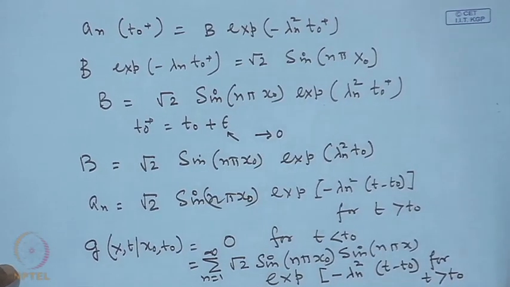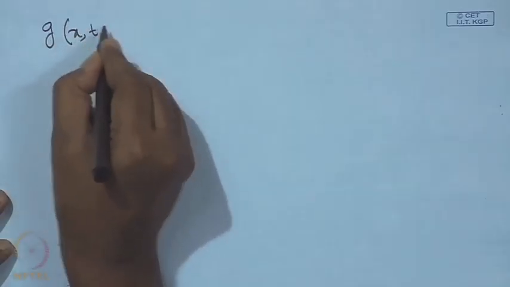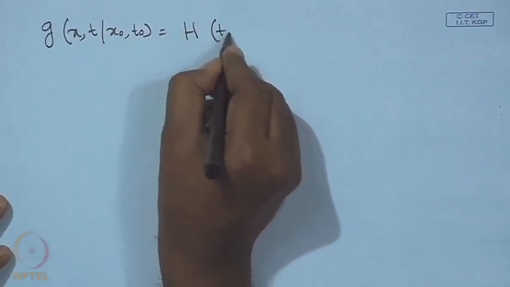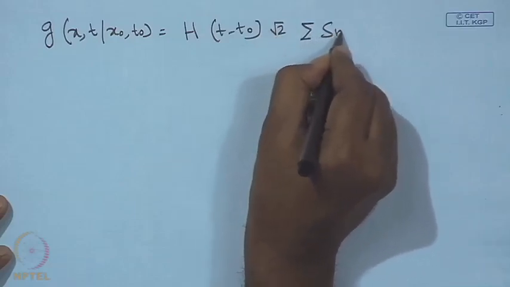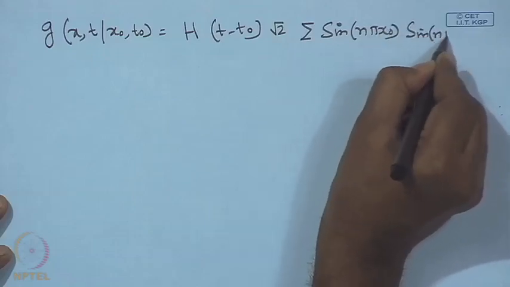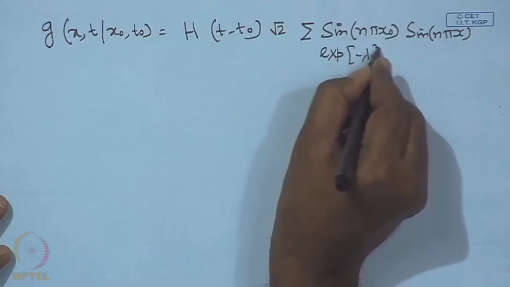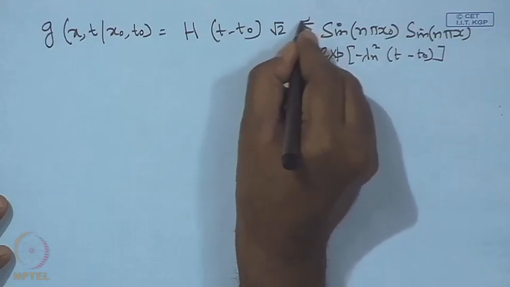So, we write the expression of g in a more compact form. In a more compact form, this becomes g x t x naught t naught is equal to h t minus t naught root over 2 summation sin n pi x naught sin n pi x exponential minus lambda n square t minus t naught, where n is equal to 1 to infinity.